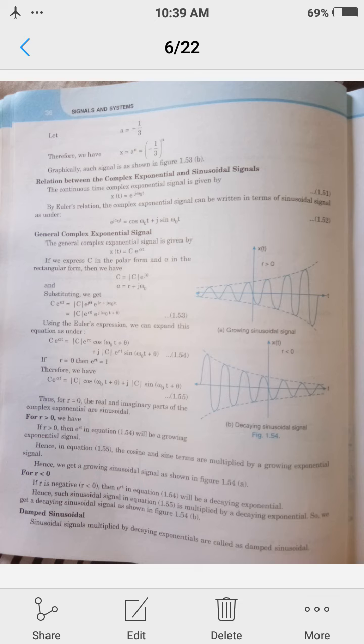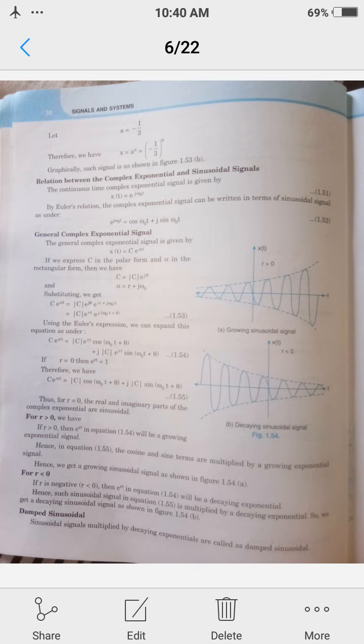Then c is equal to mod c e to the power j theta, whereas alpha is equal to r plus j omega 0. Substituting this value in the x(t) equation, we have mod c into e to the power rt into e to the power j (omega 0 t plus theta).